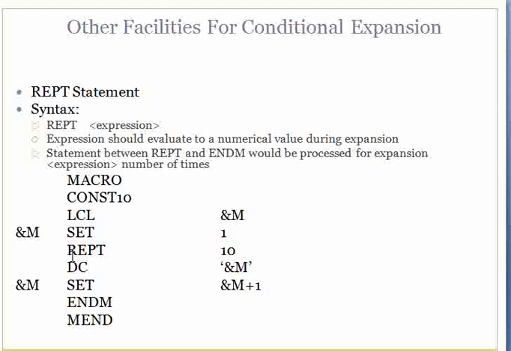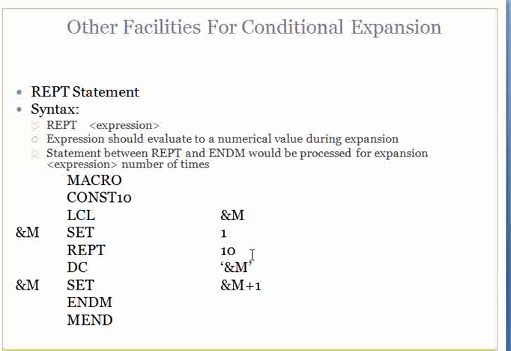So what will happen is DC, that means declare constant, will declare the value. The initial value of M is 1, so it will declare a constant of 1. Then it will increment the value of M by 1 using the SET statement. So I've got 2, and I'm going to declare the second constant 2, and then 3, 4, 5, 6.